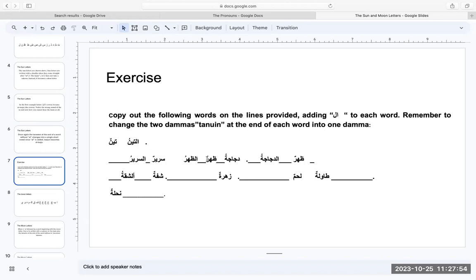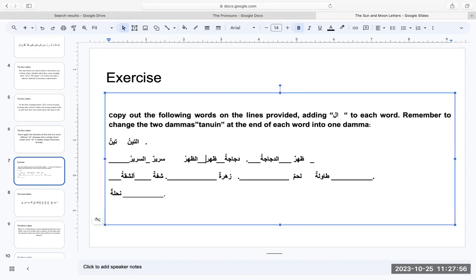Here tanween, it should be changed. Okay, Shabab. دجاجة becomes الدجاجة. And this is ظهر, الظهر.